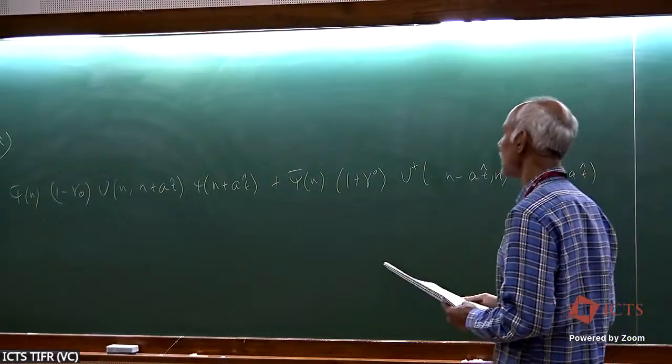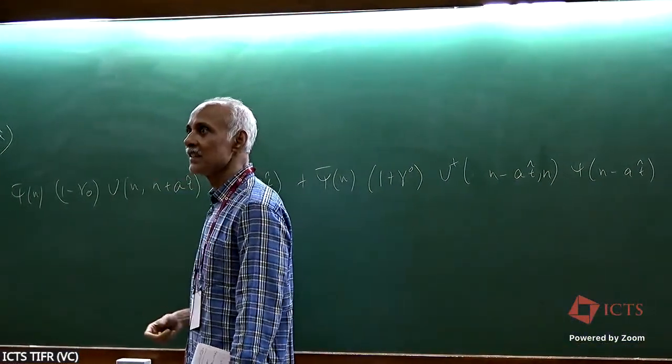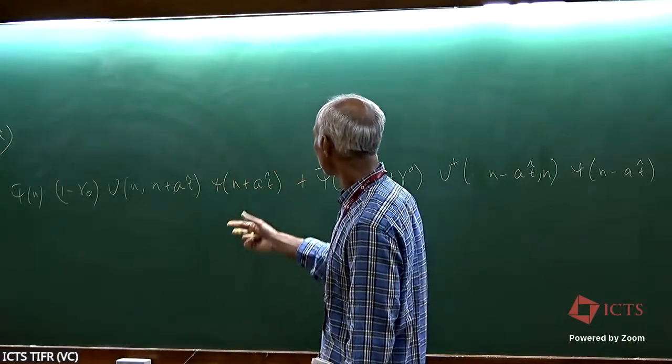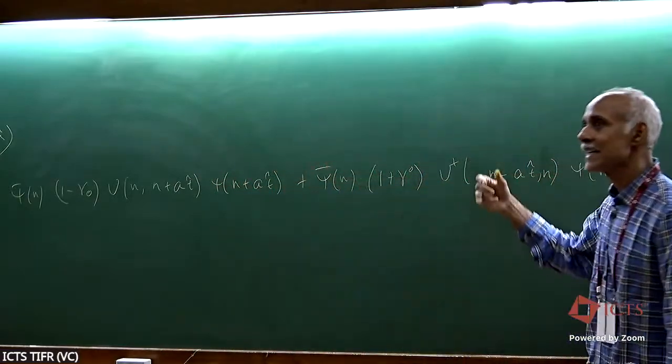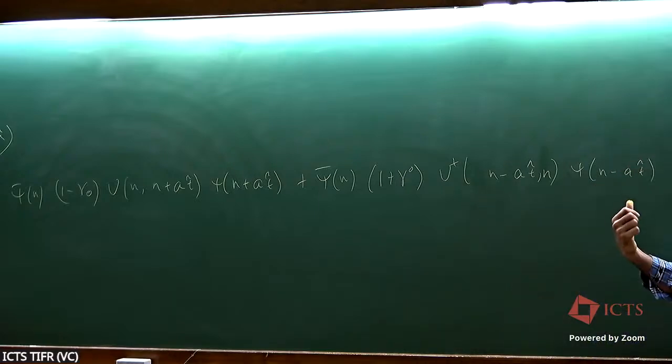Now, if you remember Abhishek's lectures, can you figure out that only one of these terms is giving me the kinetic term for the quark, and the other one is giving the kinetic term for the anti-quark? Which one is doing what? Which one is the term for the quark and which one is the term for the anti-quark?